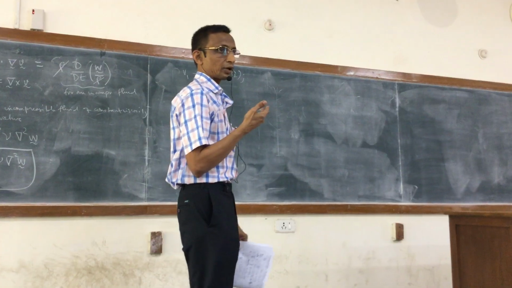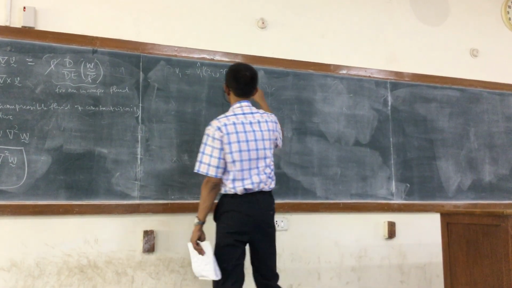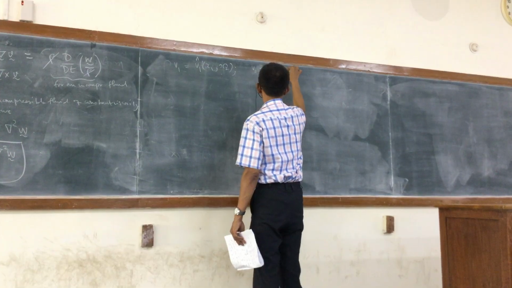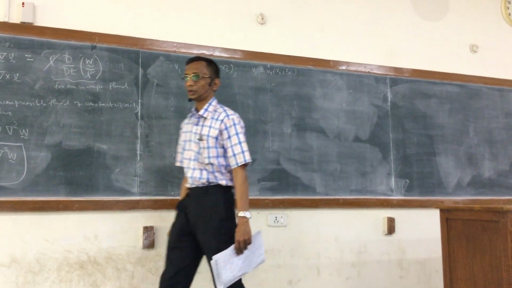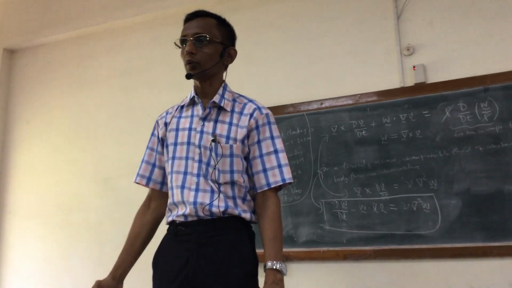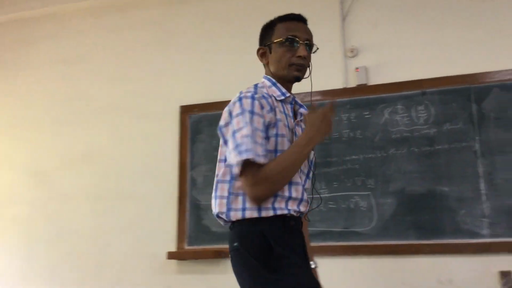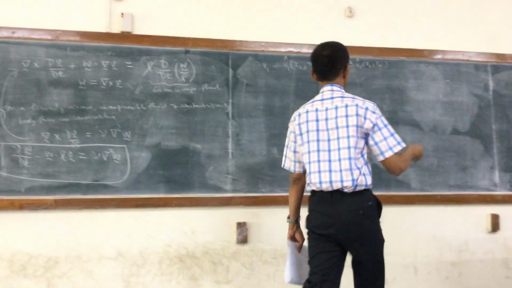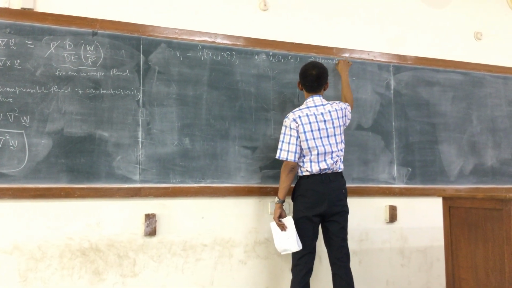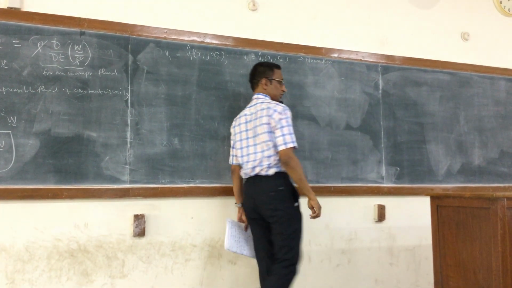We can choose any one to be v1 and v2 depending on context. But planar flow means v1 and v2 depend only on x1 and x2. They don't depend on x3. That is what is meant by a planar flow.